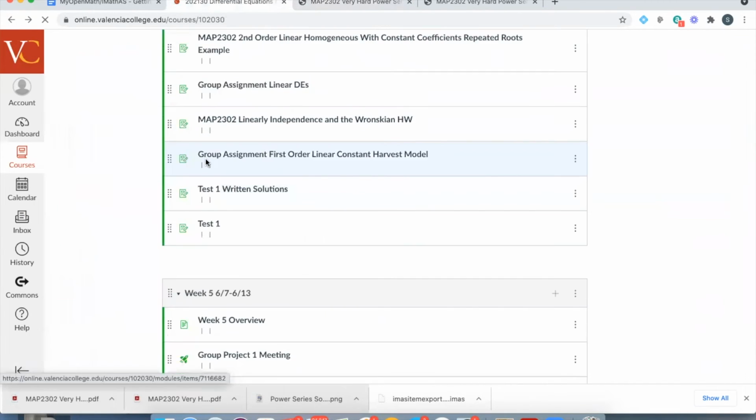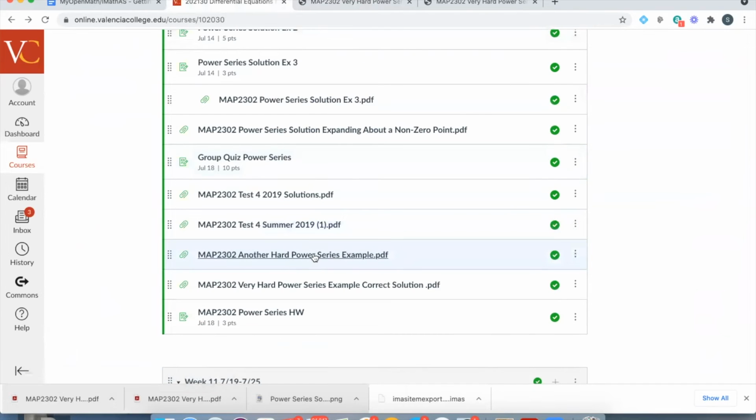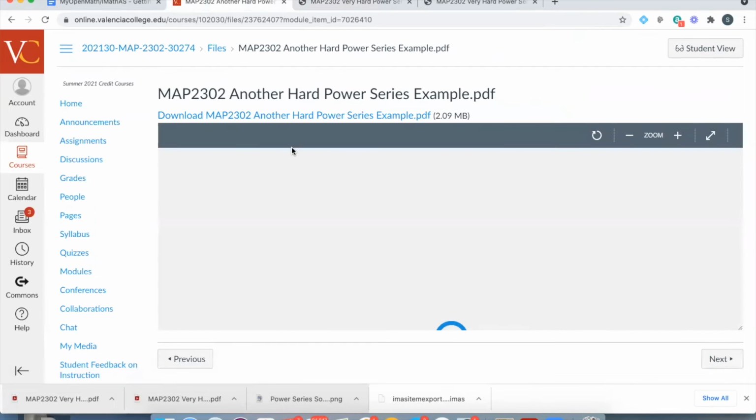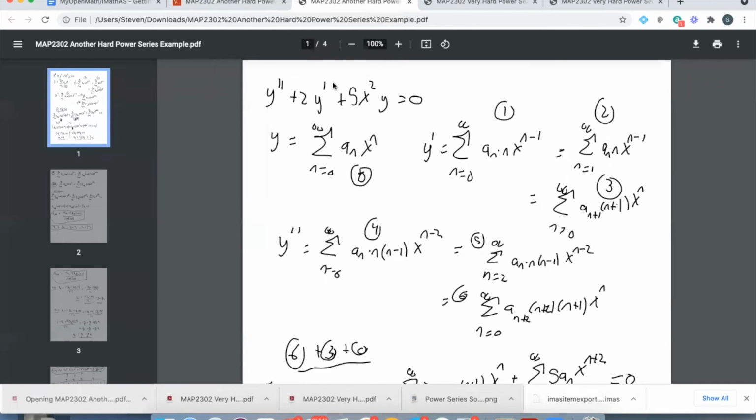I think I did. Another hard one. Here we go. I was looking at it thinking that looks exactly the same. Okay, so now we made it even worse.